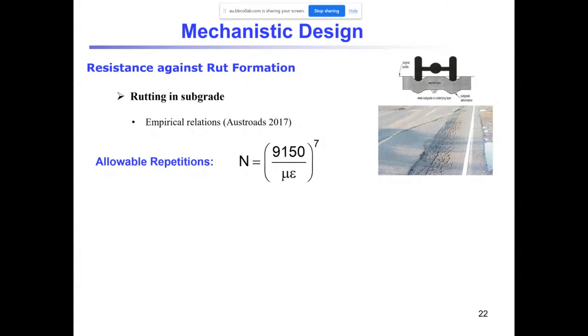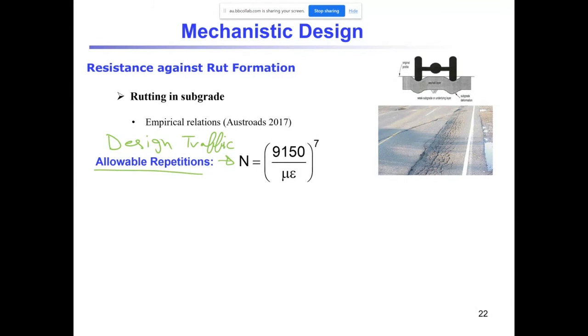The first equation is this one. This equation will give us the allowable repetition, the number of repetitions of the load, right? So you know what is the design traffic. You can determine the allowable repetition based on this empirical equation, and then you need to compare these two.